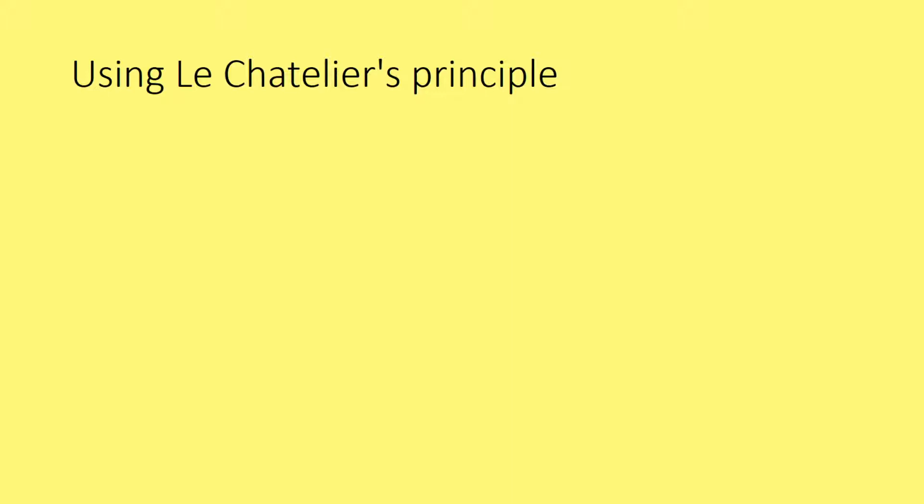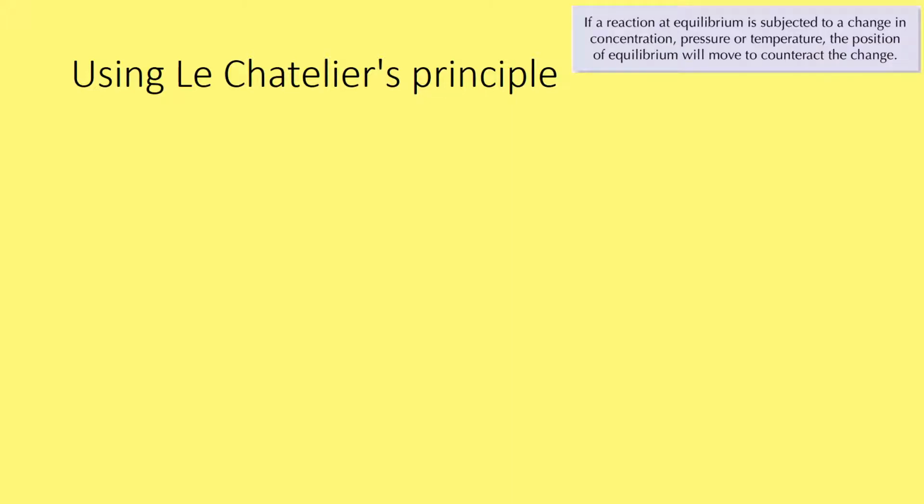So, using Le Chatelier's principle this time to look at what happens when we change the temperature. Let's have a look at two different reactions. They're both equilibrium reactions, but one is exothermic in the forward direction and one is endothermic in the forward direction.